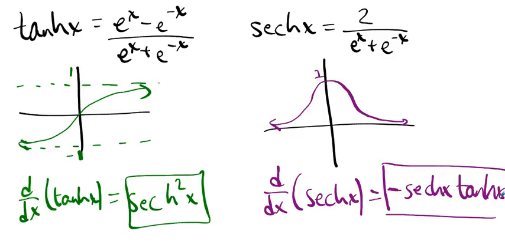It's the negative of hyperbolic secant, hyperbolic tangent. So again, what do you have to know? It'd be nice if on some index card you knew that the derivative of hyperbolic tan is hyperbolic secant squared, and similarly for hyperbolic secant, the derivative is negative hyperbolic secant hyperbolic tangent. It'd be even nicer if you knew where that came from, but I think you can prove that, and that's not too hard to do.